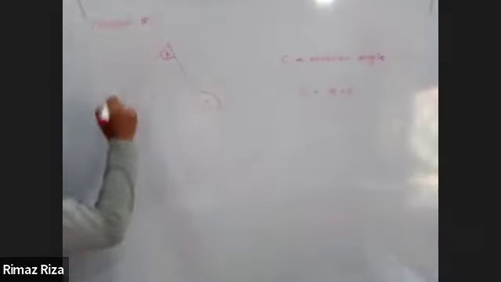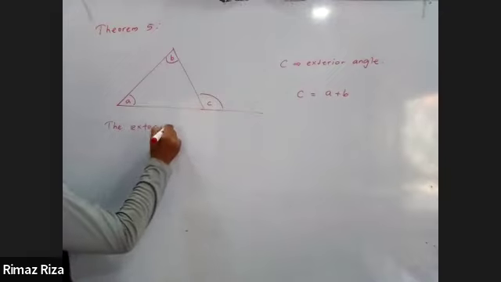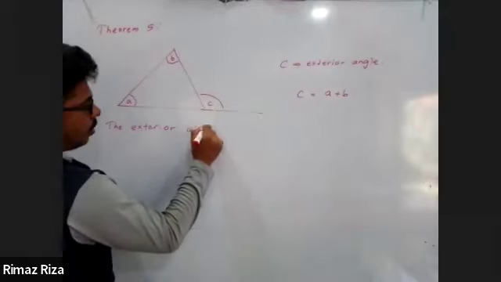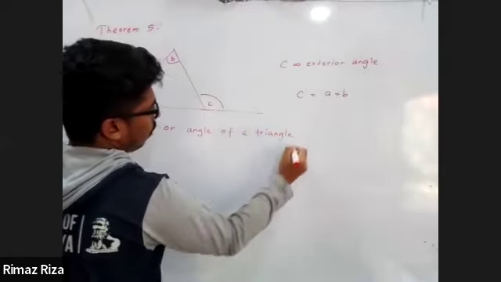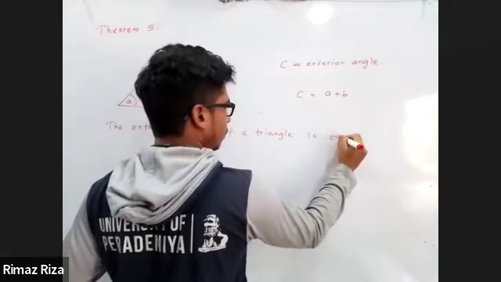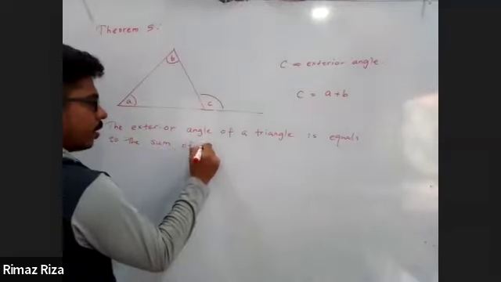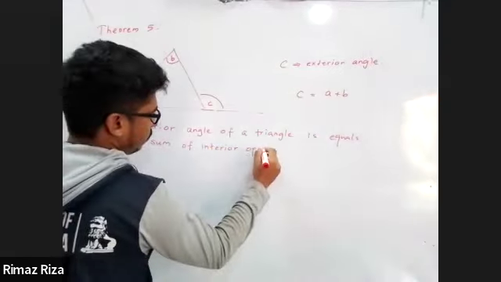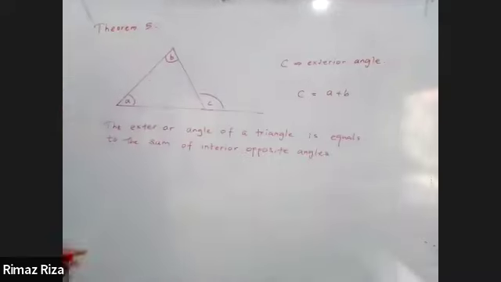Okay. So write down the theorem. First you write the theorem. The exterior angle of a triangle is equal to the sum of interior opposite angles. Sum means addition.